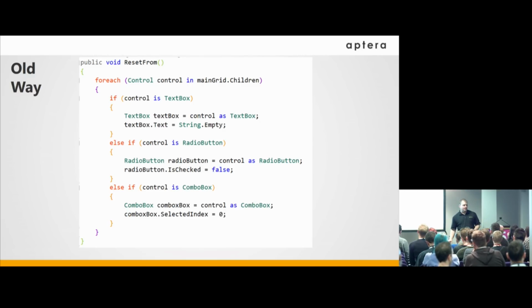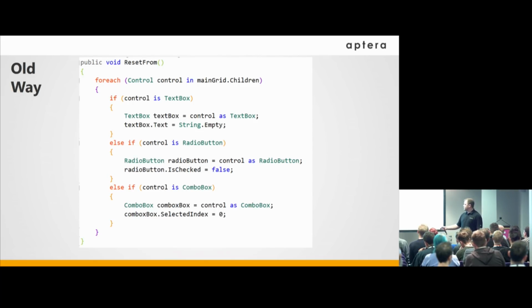Well, what we can do is loop through those controls, and depending on the type of control, we're going to have some different behavior. So we can get the main grid.children and just loop through them and then check their types. And given the type, we will then cast it from the control, which is our iteration variable, to the more specific type of either text box, radio button, or combo box.